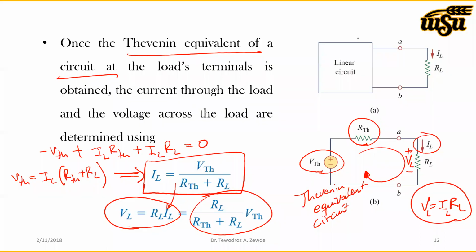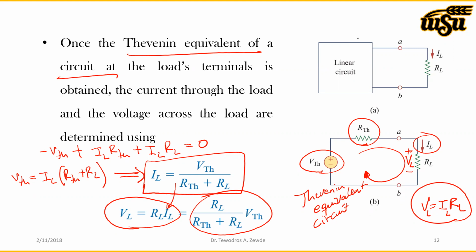Okay, so this is about the Thevenin equivalent circuit. In the Thevenin equivalent circuit, a complex circuit can be replaced by one voltage source and one resistor. And this voltage source and this resistor are connected in series, as you see here.